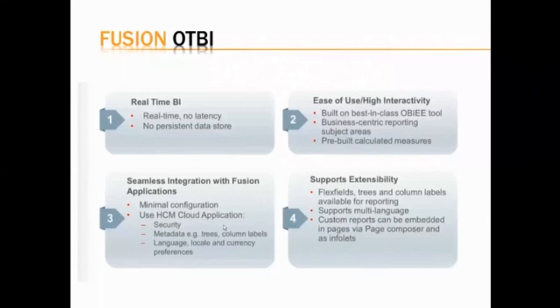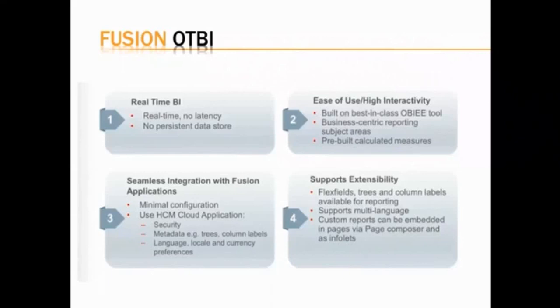And another beauty of this OTBI is the security. When we talk about security, I was saying that we can limit access to the data based on data security policies, right?